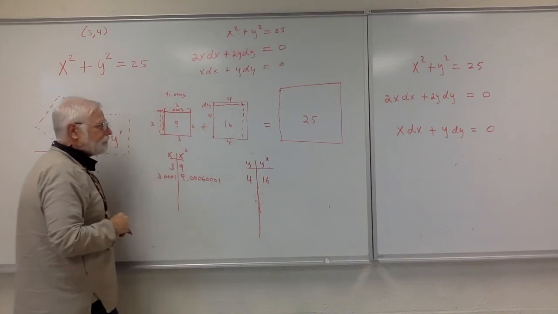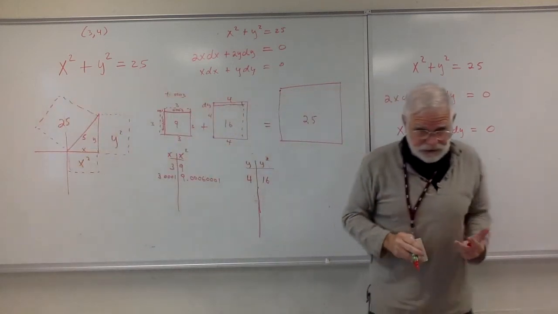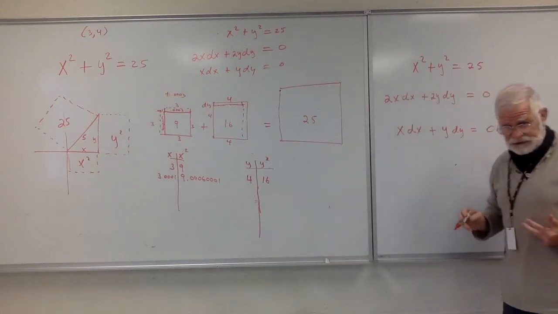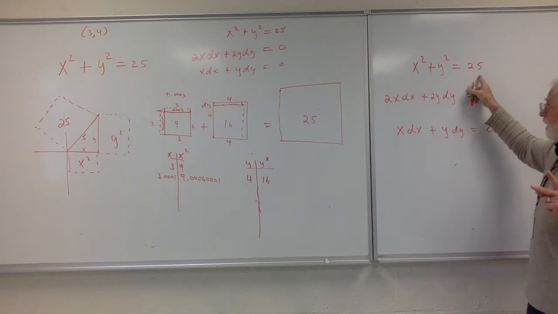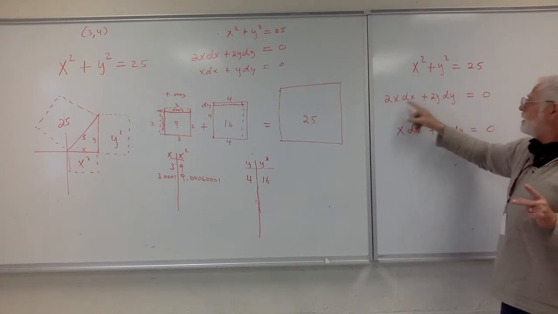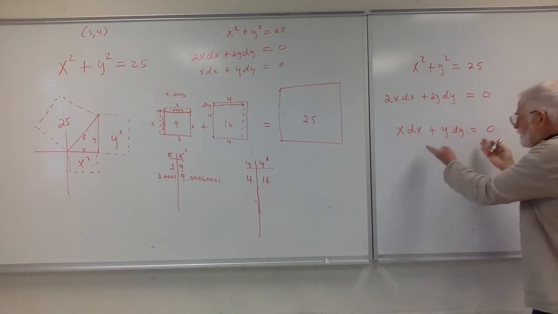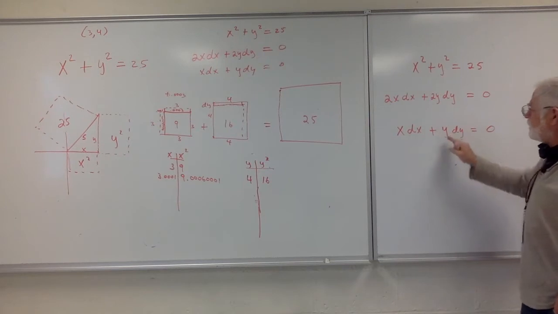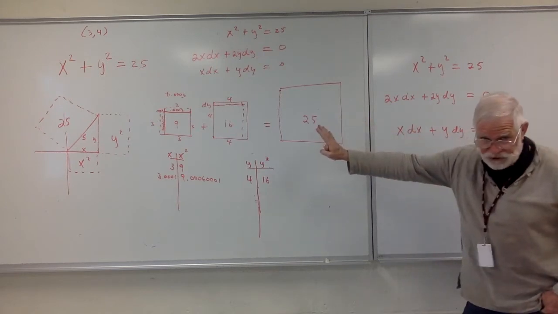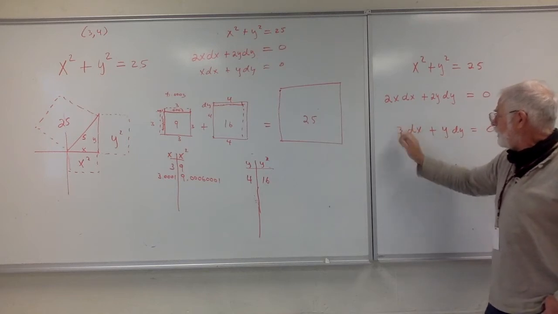All right, so now let's go over here and let's see, you can still see I've written a bunch of this prior to starting this video. So again, x squared plus y squared equals 25, 2x dx plus 2y dy equals 0. I've divided by 2, it brings us to this point in time. Now let's change the symbols to the actual numeric situation that I've produced over here. So we have a side length of 3.